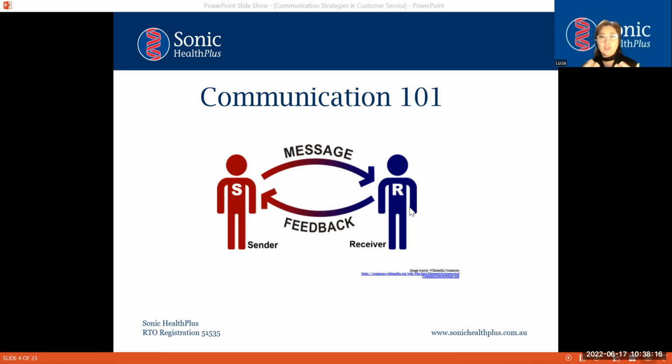So when you're actually doing some negotiation, there are so many elements that you'd have to consider. It's not about just knowing what you want and asking them what they want. There is a strategy and a process that goes with it. Last week, I spoke about the basics of communication, and I just slightly touched on the SCARF method.